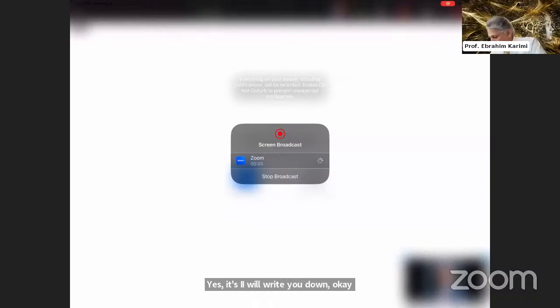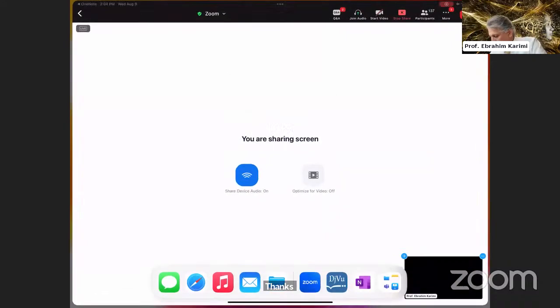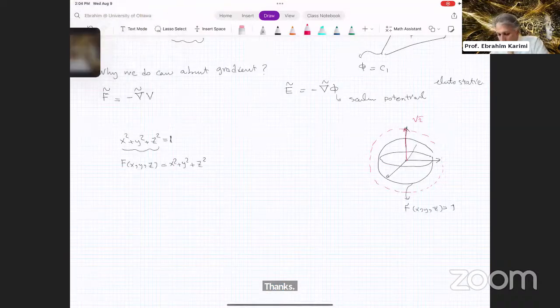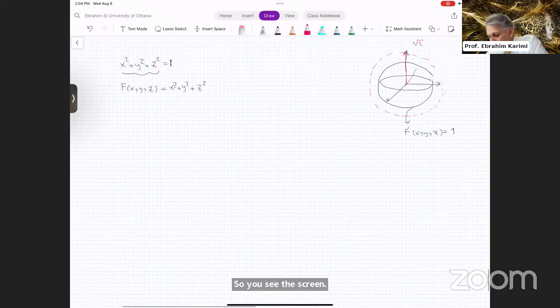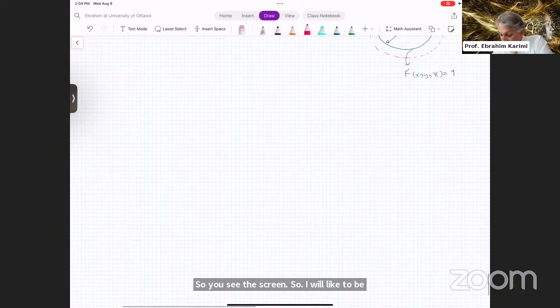Let's go to the screen. I will write a couple of examples. A wave is propagating in one specific direction, right?